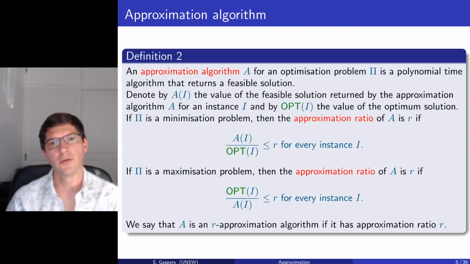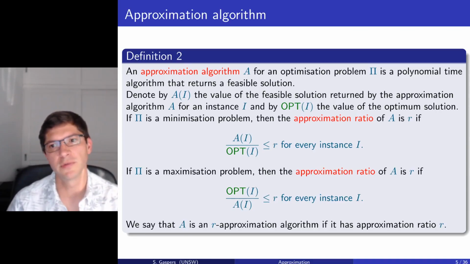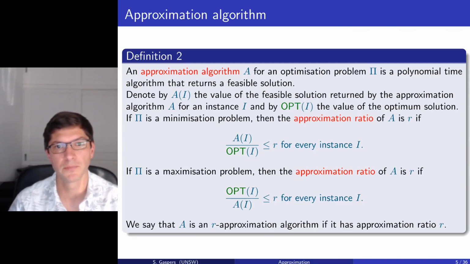And this brings us to the definition of approximation algorithms and approximation ratios. An approximation algorithm for an optimization problem is a polynomial time algorithm that returns a feasible solution.